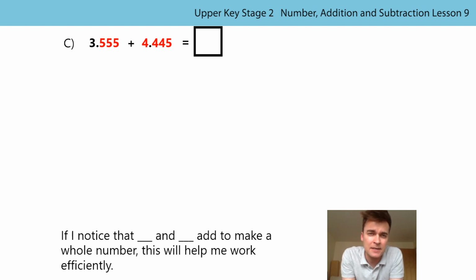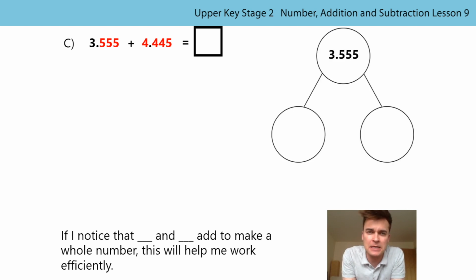I noticed that I could make a whole number from either the 3.555 or the 4.445 if I used part of the other addend. So with this example, it's knowing that 3.555 can be split into, and brilliant.